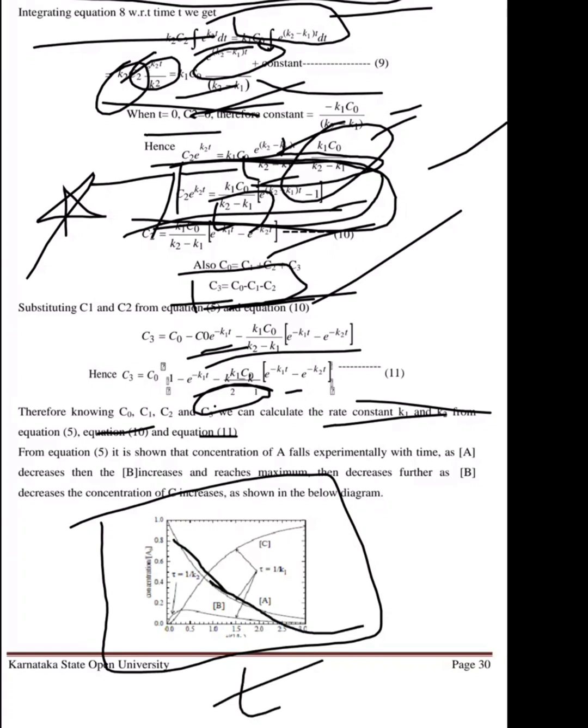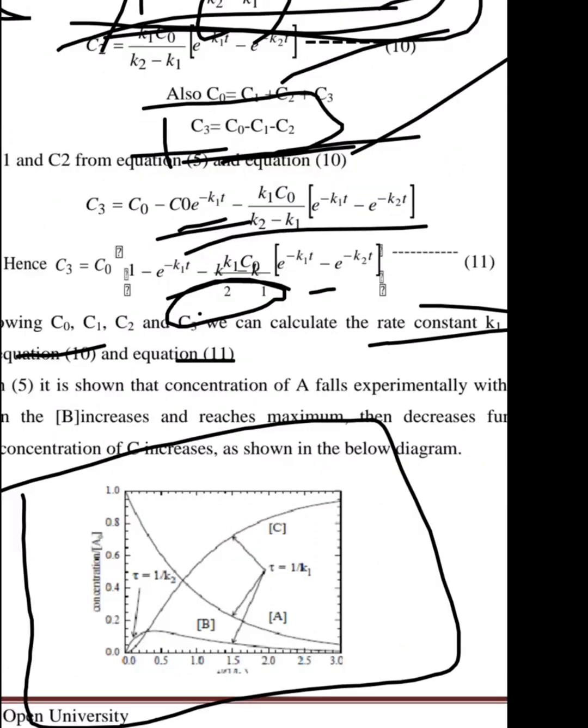As the concentration of A decreases with time, it means A is converted into the product B. So the concentration of A decreases with time, meaning A is converted into B. See the B peak for molecule B: the formation of B increases with time.